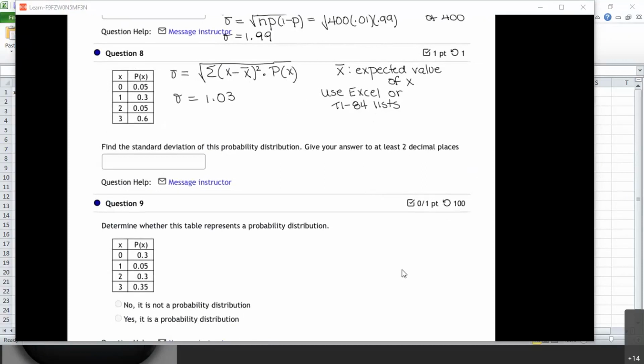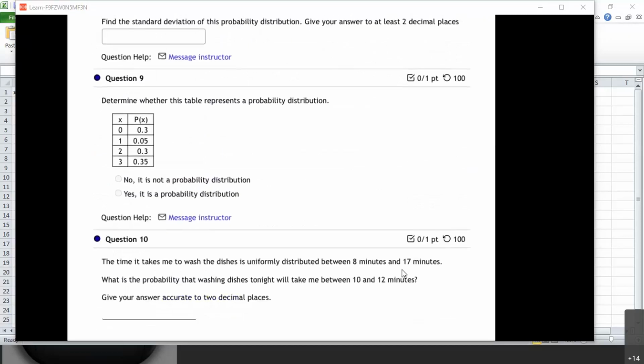Question number 9, is this a probability distribution? What do you need to check for it to be a probability distribution? I'm asking for feedback. There's 2 things.